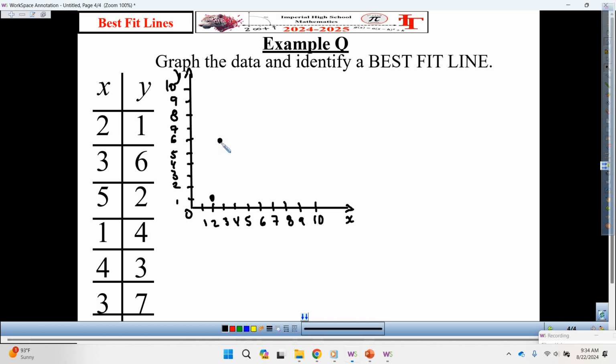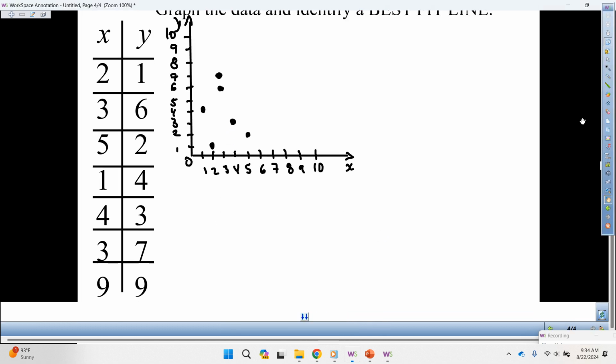Now, mind you, your scaling might be a little bit off from mine because of how we did the scaling of the tallies, okay? 5, 2. 1, 4. 4, 3. 3, 7. And 9, 9.